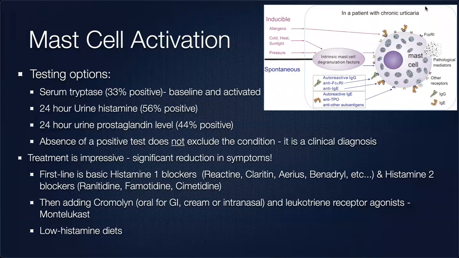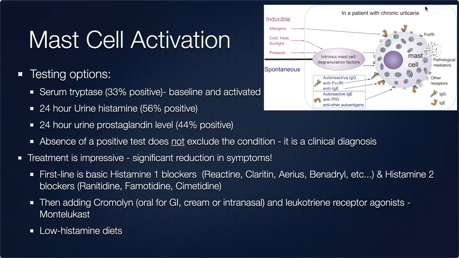You can add cromolyn. You can use montelukast, low histamine diets, and there's more. Since then, ketotifen has come out more, and there's more and more things. Low histamine diets, I don't usually recommend this as a pure elimination diet because it's highly restrictive, but more of a proportion, like 20% of moderate to high histamine foods or products.